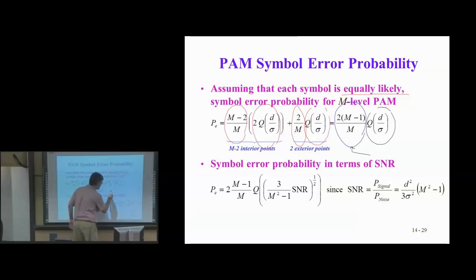Let M go to 2. That's as small as we're going to get. So what does that equal when M is 2? And what if M goes to infinity?